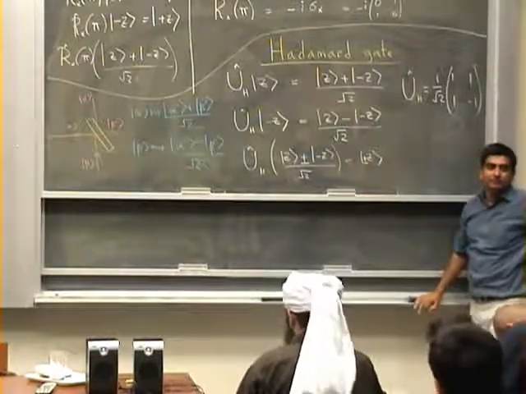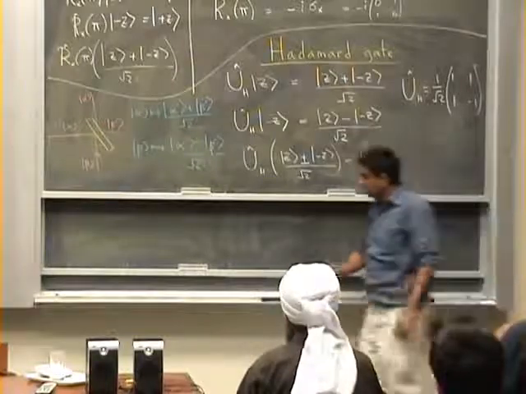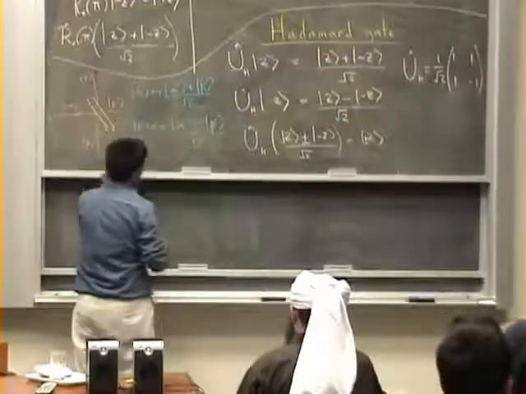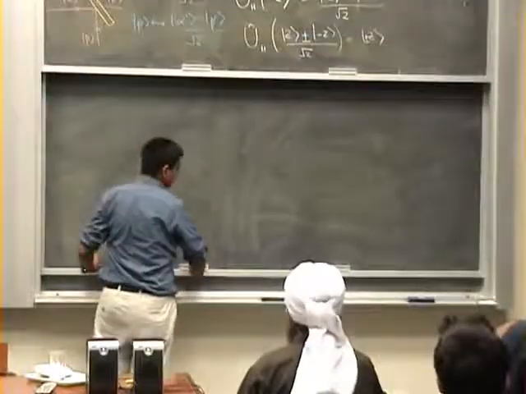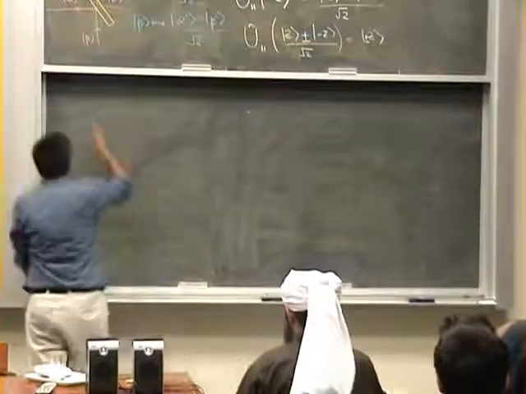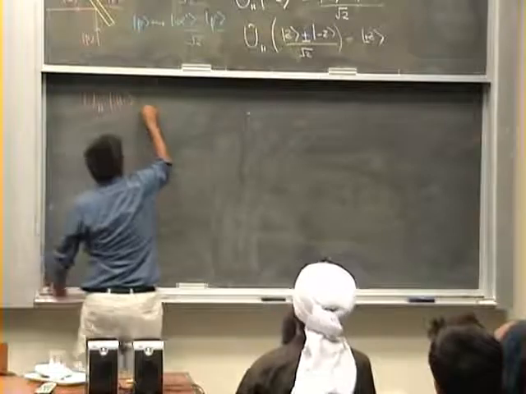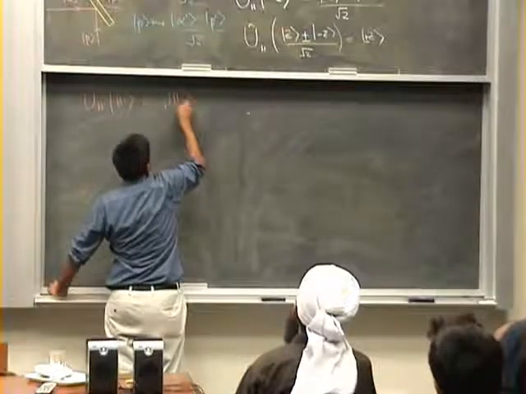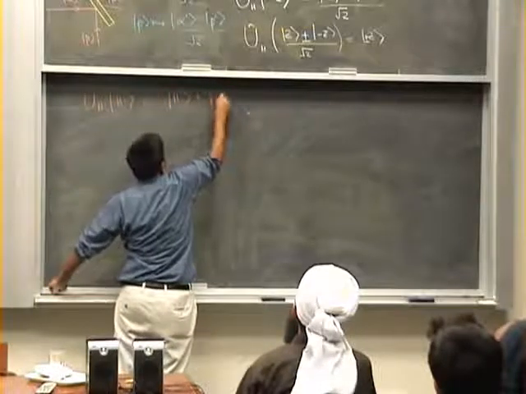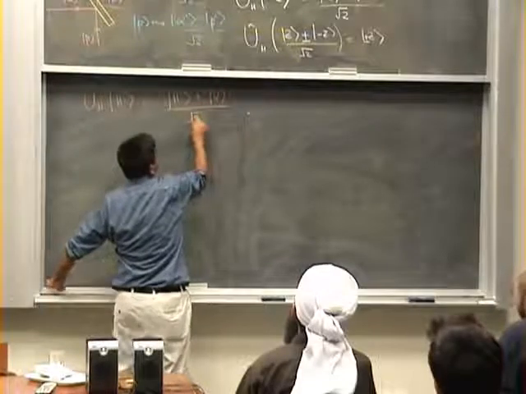So in horizontal vertical terms, if you were to input a horizontal state, you get 45 degrees. In horizontal vertical, if you're more comfortable with this, a Hadamard gate acting on ket H gives you H plus V over root 2, right?